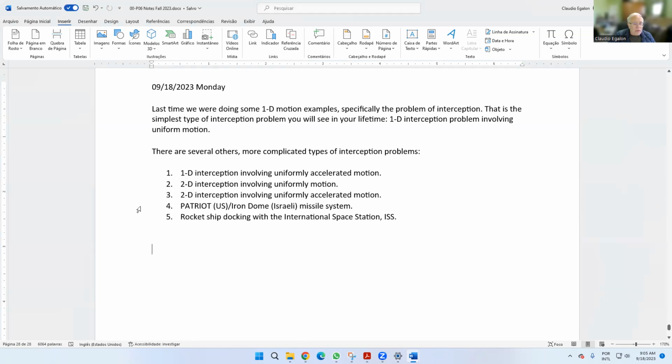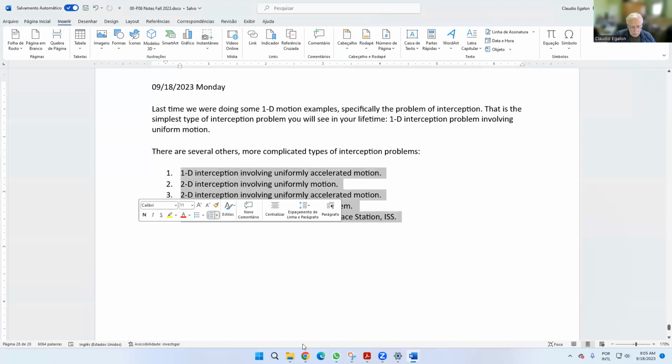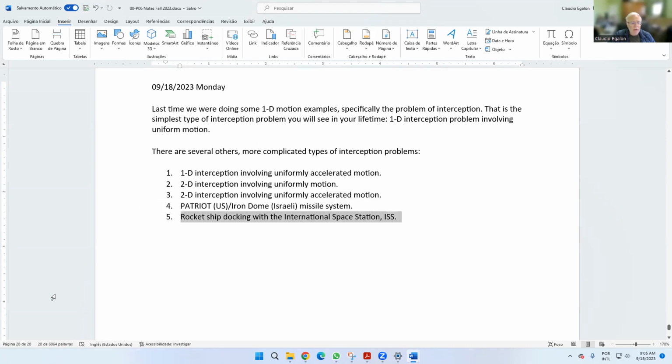What you see here is far more difficult than what we're doing in class, but of course, that's a level of increasing difficulty, with more difficult problems to solve mathematically. All the equations we are deriving here are the starting point to reach there. The Patriot missile has a computer that keeps adjusting the trajectory of the anti-missile so it can hit the missile, right?